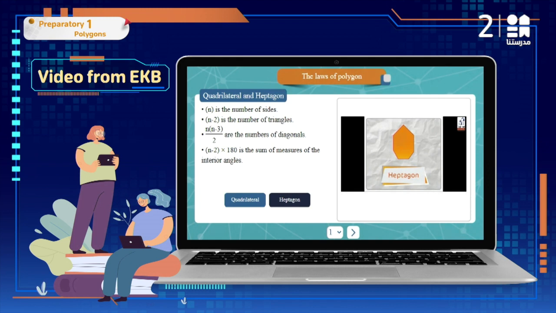Heptagon is considered another shape of the polygon shapes. If you count the number of its sides, you will find the heptagon consists of 7 sides. So if we want to get the number of its forming triangles, we are in a real need to use a special law for triangle numbers. And this law equals number of sides minus 2. Therefore, 5 triangles are the right result.